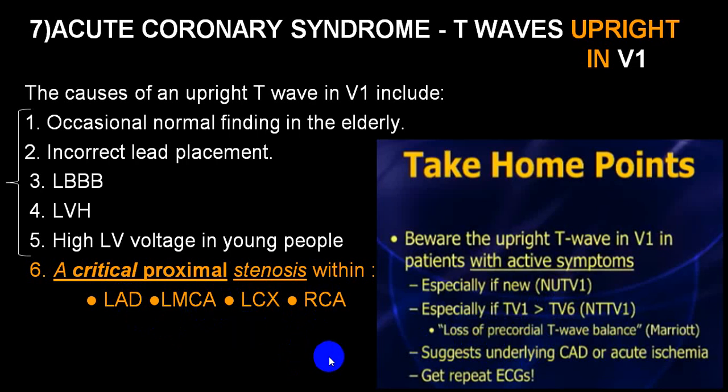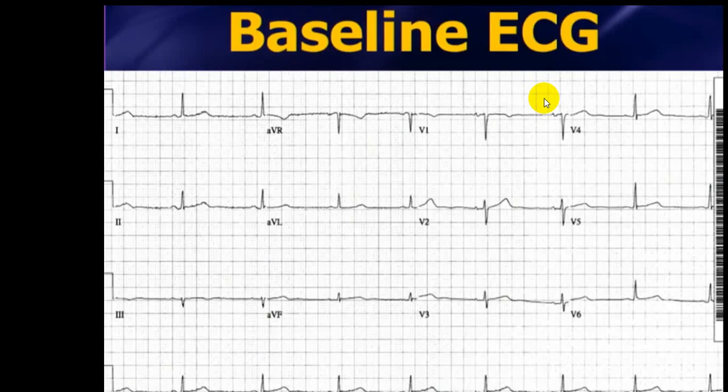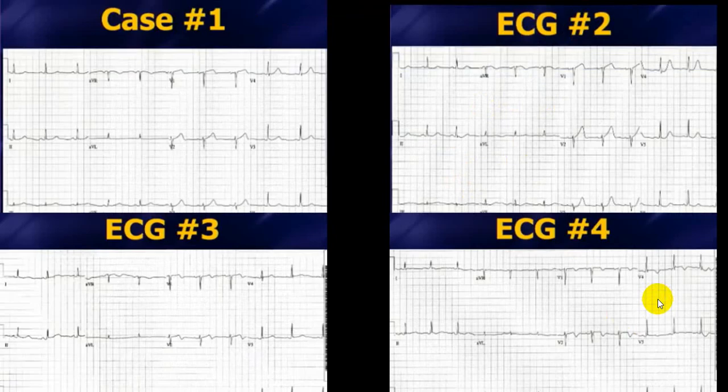And in that case, getting a repeat ECG is a must because you can have dynamic changes. This is a baseline ECG. You can see here this T wave is inverted, and in V6 this is an upright T wave. Now if you come across, see there is an upright T wave here, and compared to V6 this is taller, and in a subsequent lead you can see the T wave is becoming much taller.